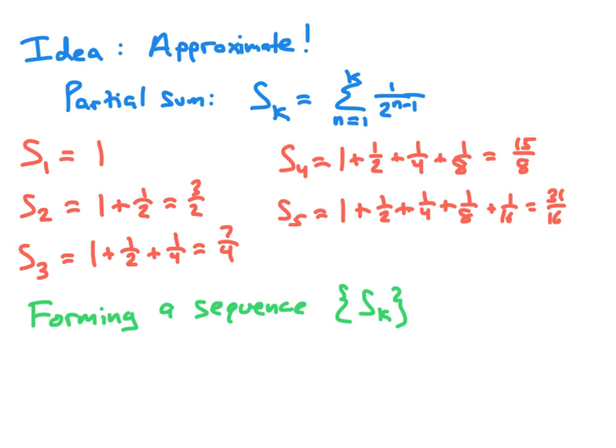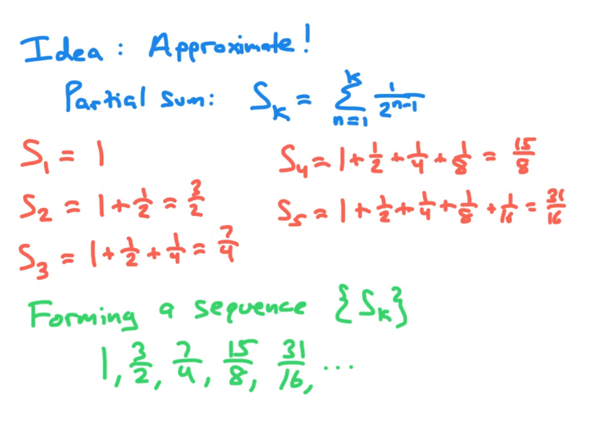The first five terms of our sequence are going to be 1, 3/2, 7/4, 15/8, and 31/16. And this sequence would obviously continue on by looking at more and more partial sums for our series.